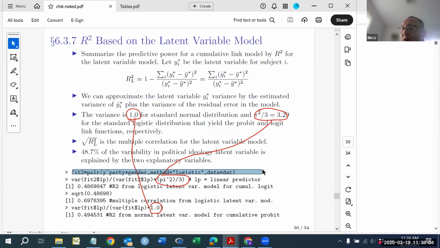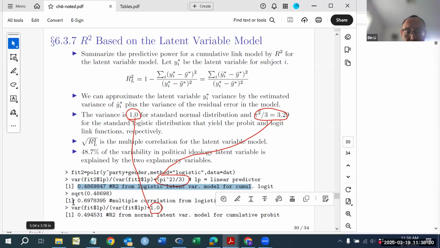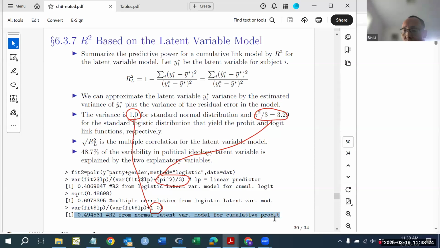Okay, so we can fit the latent variable model using the POLR, and then we can find out this is the R square from the logistic latent variable model, and this is the R square from the normal latent variable model for the cumulative probit model.